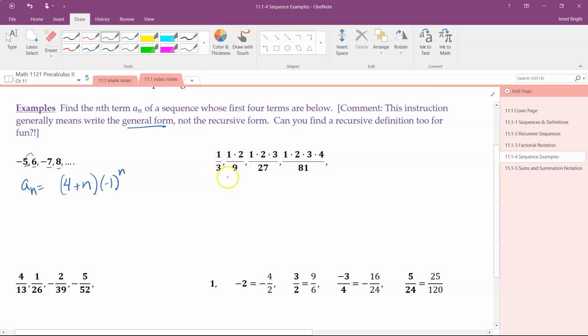All right, for this next one. There's 1/3 in the first term, 1 times 2 over 9 in the second term, and then in the third term, 1 times 2 times 3, all over 27. There's a lot going on here. An equals, there's clearly a fraction. I'm going to take it a step at a time and figure out what's going on in the numerator and in the denominator.